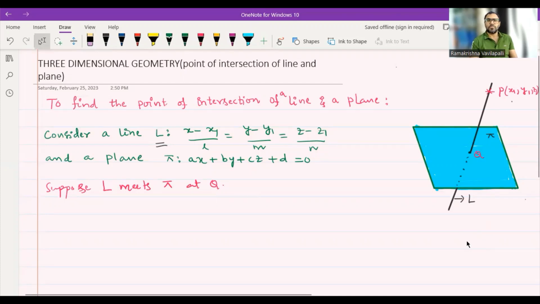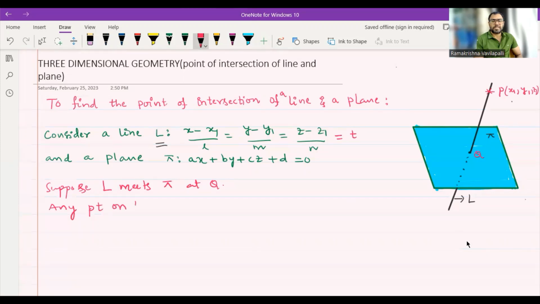For that, we have to take a general point on L. Assume this ratio is equal to t. Any point on L is assumed as Q, which is common to both the line and the plane.